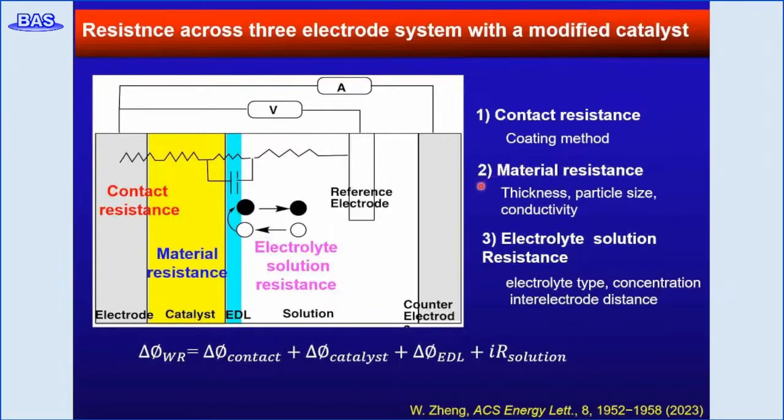Also, an electric double layer is formed between the catalyst and the solution, causing resistance to the transfer or charging of ions. In addition, there is solution resistance between the catalyst and the counter electrode. The sum of these resistances affects the potential difference between the electrodes.